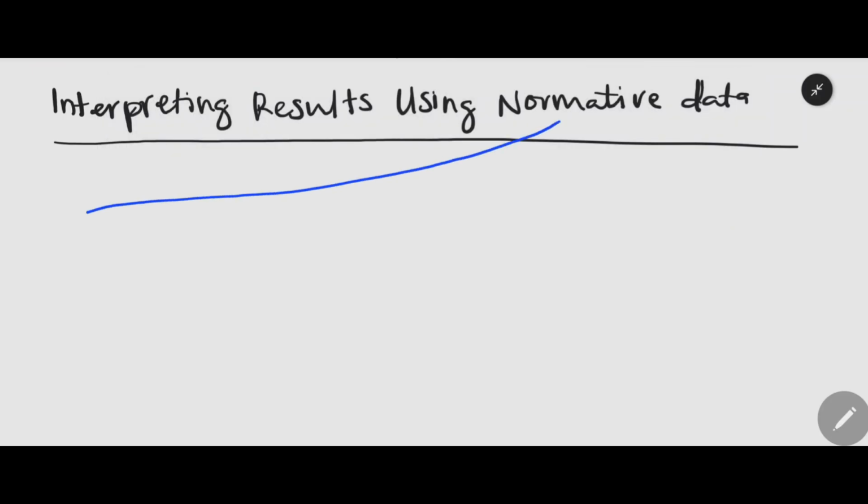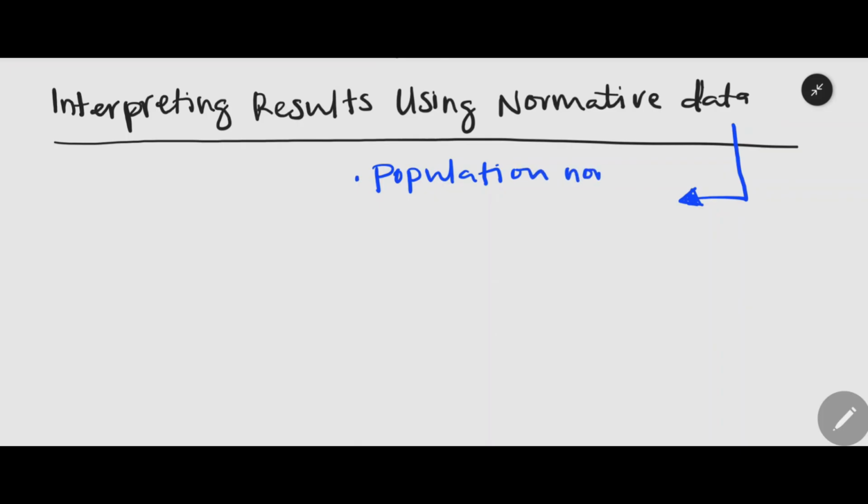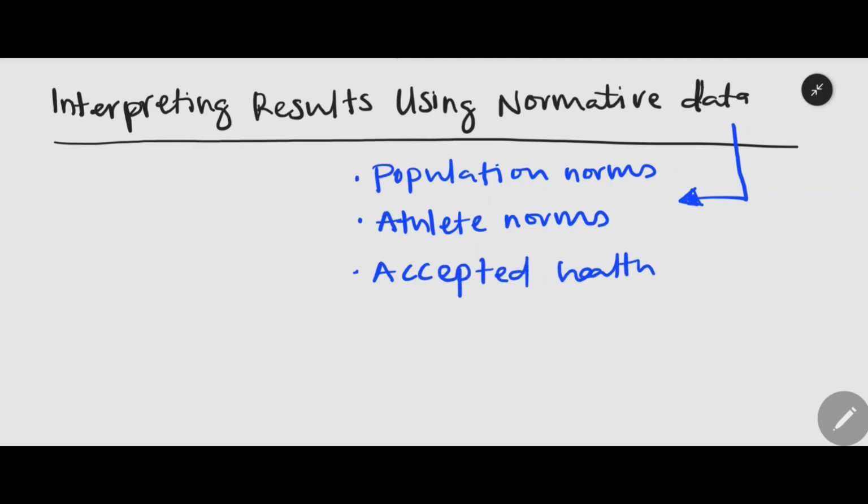So first of all, what is normative data? Normative data, in a nutshell, is any data that informs about population norms, athlete norms, or accepted health ranges.